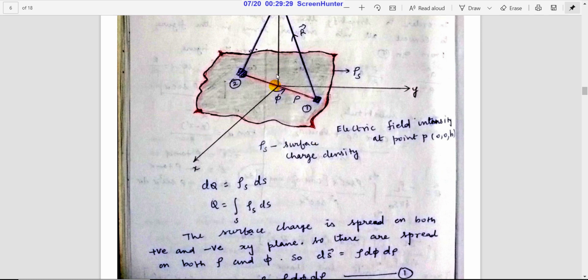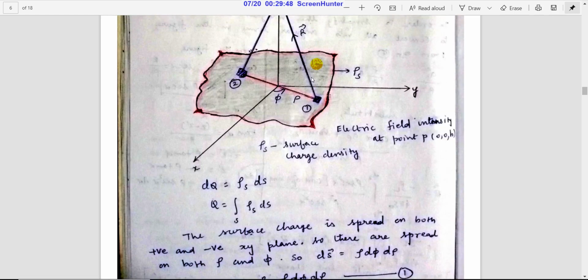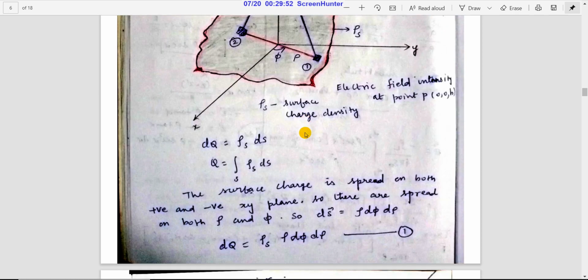If you make the perpendicular vector from this surface, that is constituted on the z-axis only. Since the normal is on the z-axis, the surface is constituted with the help of rho and phi in the cylindrical coordinate system.